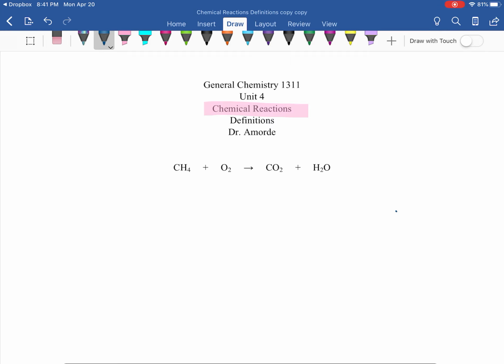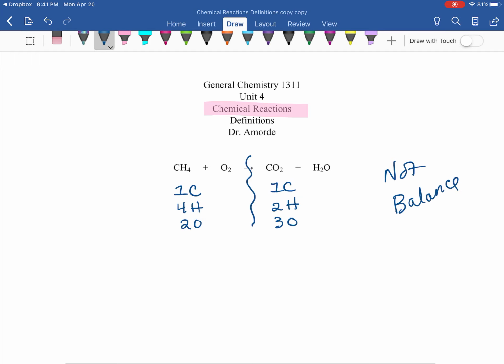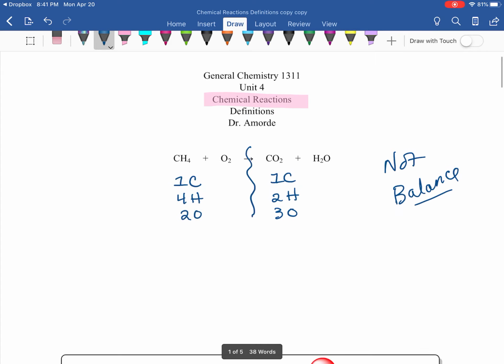All right, so remember, we were picturing in our moles unit every one of these atoms and molecules as separate beings, because in a reaction, we're going to break all those bonds and rearrange everything anyway. So our pieces have to match on both sides. So if I've got 1 carbon, 4 hydrogens, and 2 oxygens on this side, we have to get to a place that matches. And we could tell right away when you spell it out like this that they don't match, and this is not balanced.